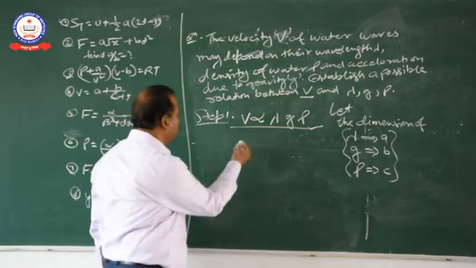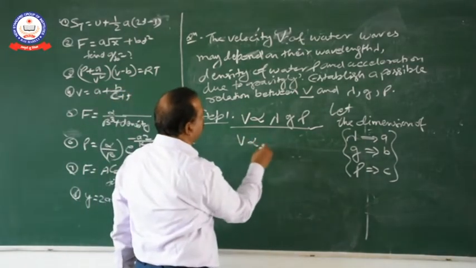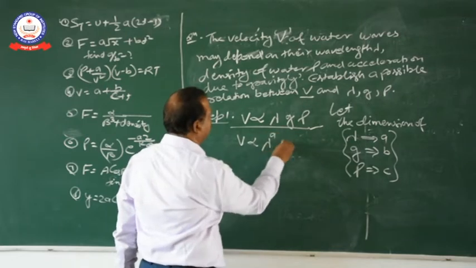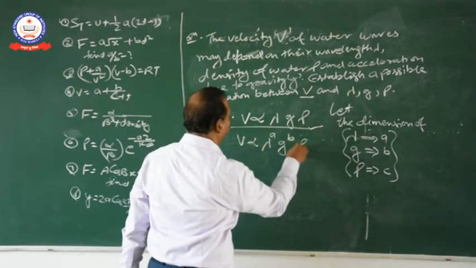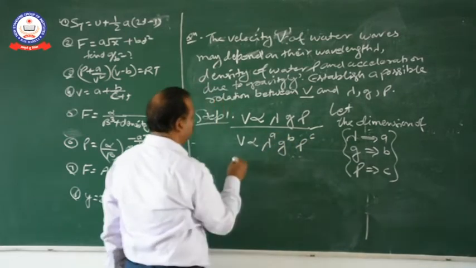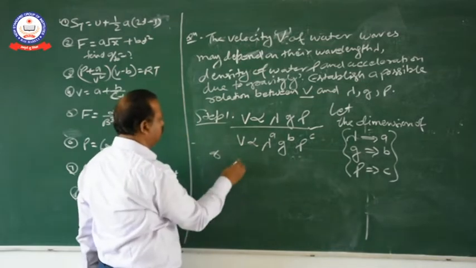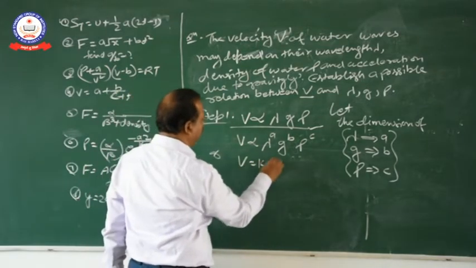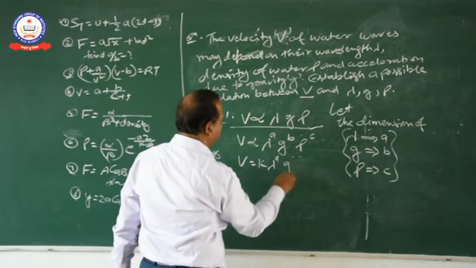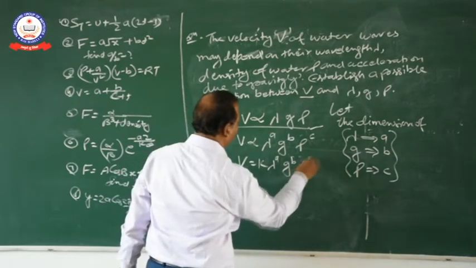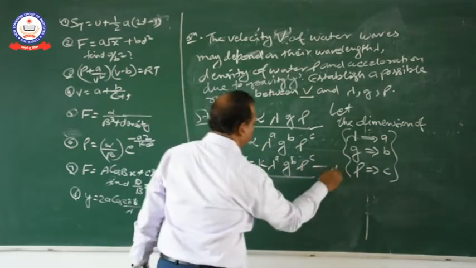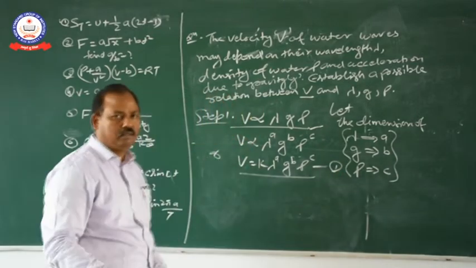Okay, so v is proportional to lambda raised to power A, g raised to power B, rho raised to power C, or v is equal to K lambda raised to power A, g raised to power B, rho raised to power C. Consider this equation first.